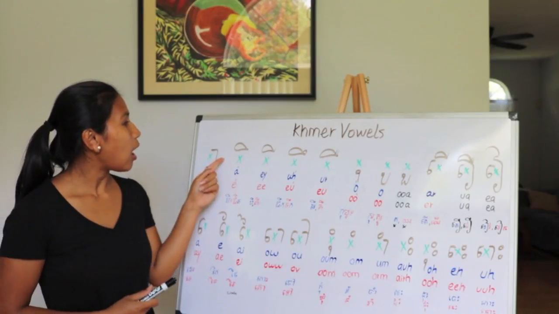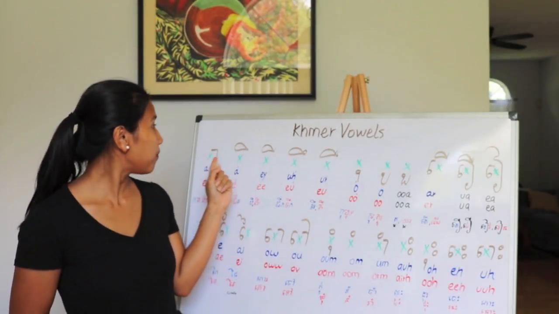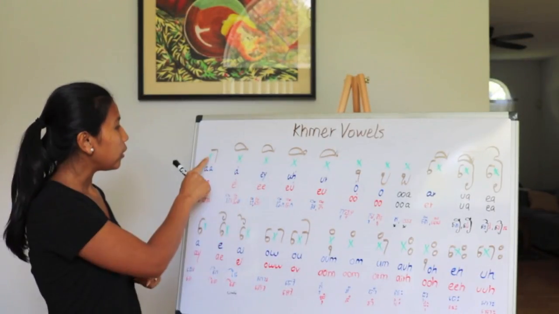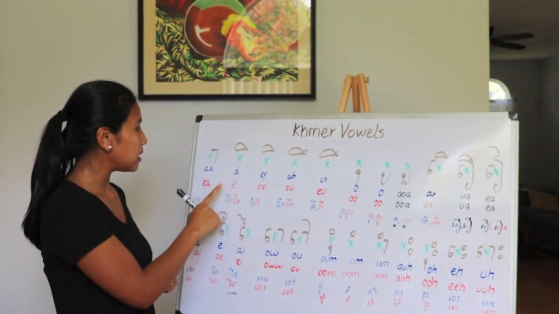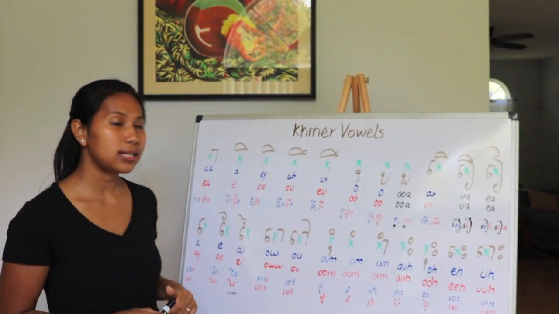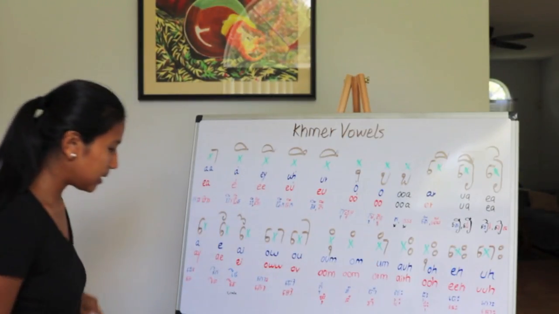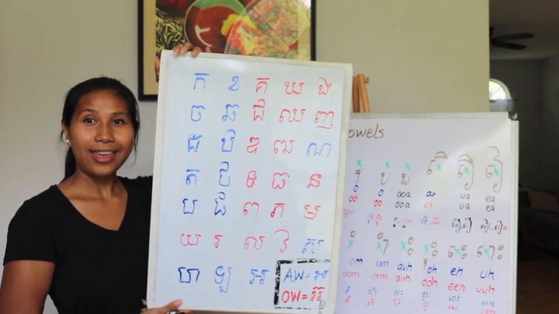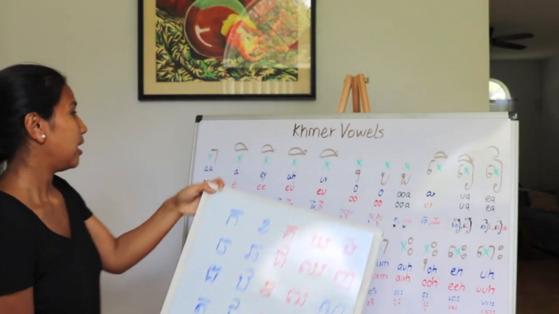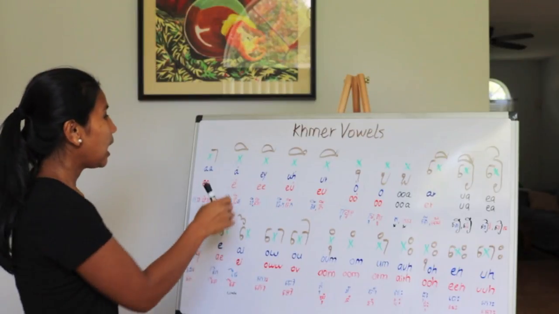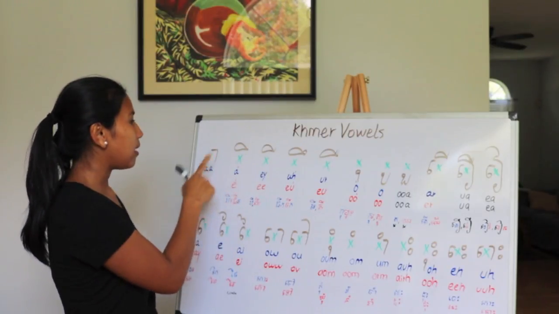Khmer vowels are written in brown. The green X is for the consonants, and here are the consonants. As you can see, Khmer vowels are everywhere.